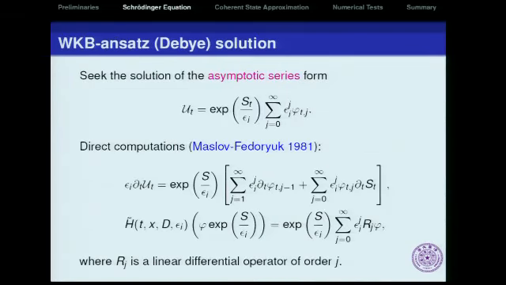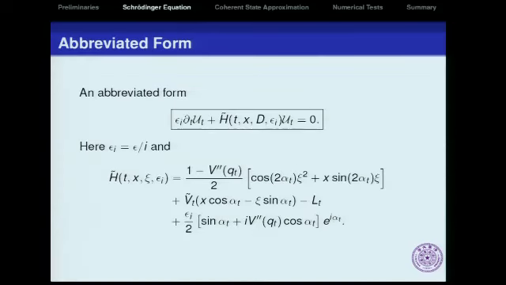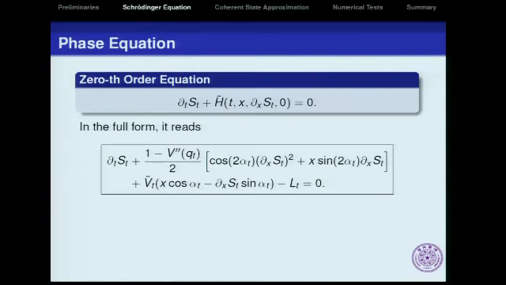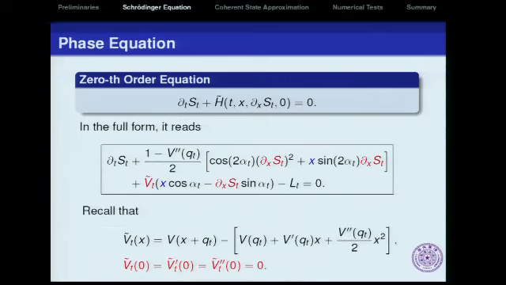Okay, we do the same thing. We substitute this WKB ansatz into the equation, and to the leading order, this equation is just the Hamilton-Jacobi equation. It's like this, and here, if I write it back into the full form, it's like this. It's much more complicated, but remember that V tilde is just the residual of a local quadratic approximation, right?